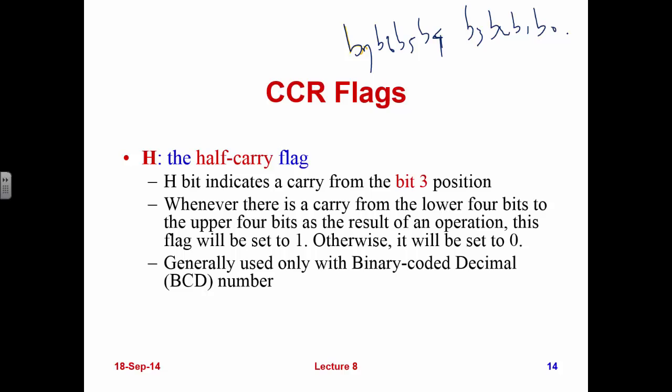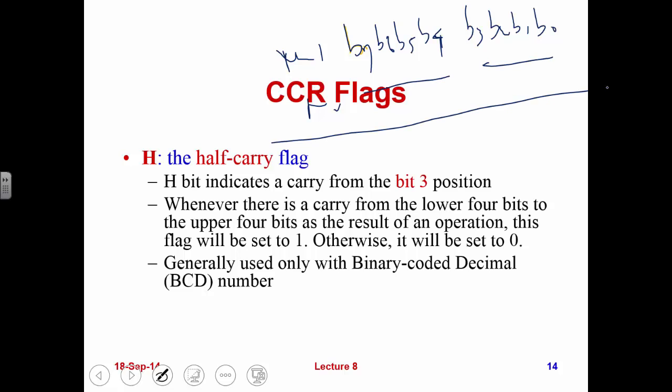Assume now you do an operation. Assume now you add 2 numbers. This is one number, let's call it number 1. Another number here, yes, also has 8 bits. Assume now you do addition or subtraction, whatever.